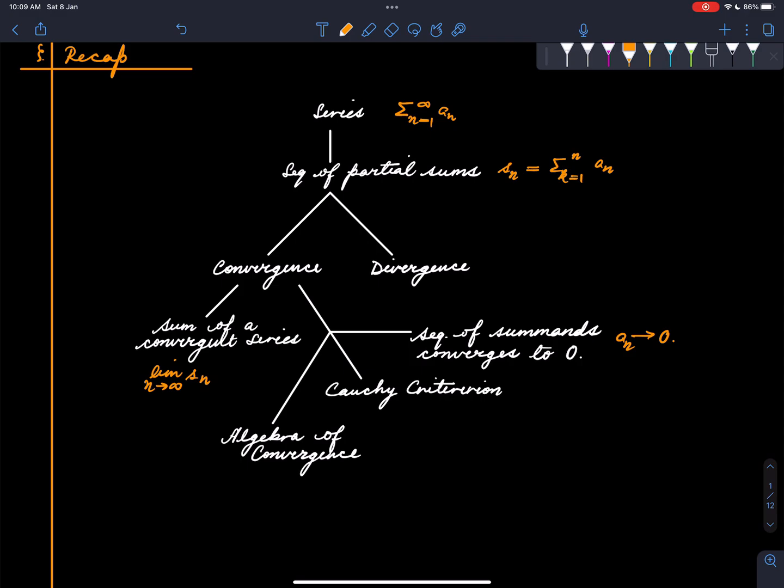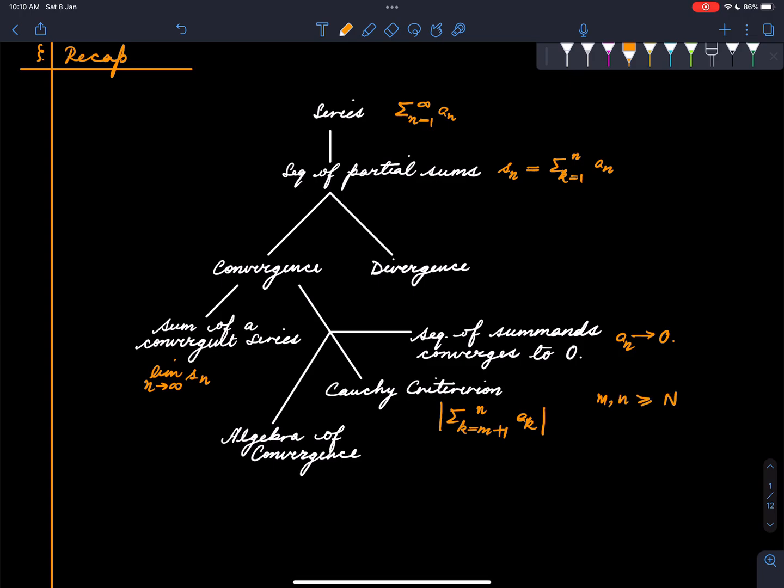That's a necessary condition for a convergent series. We also saw Cauchy's criterion: if we have the above series, then the sum from k equals m plus 1 to n of a_k becomes arbitrarily small as m and n get large enough.